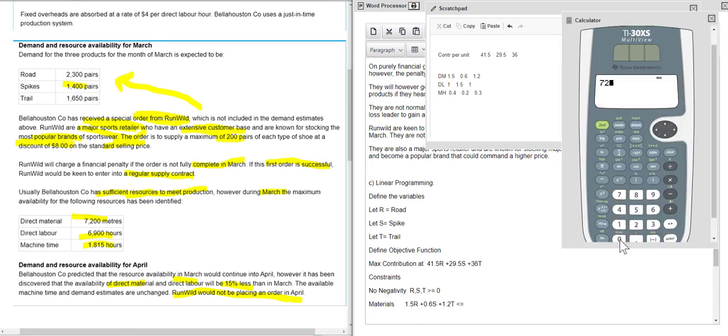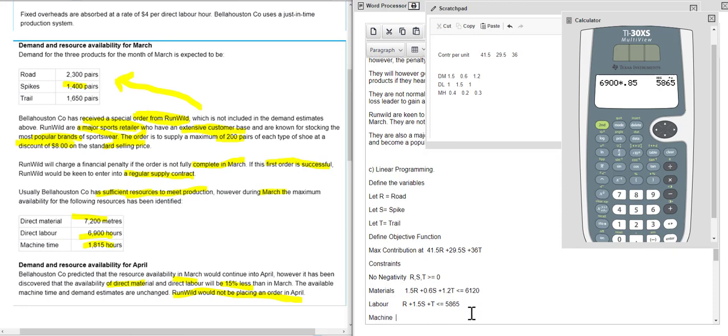And so it's 7200 times 0.85, which is 6120. And then we do the same for labour, which is just going to be R plus 1.5 S plus T is less than or equal to, and then we need to take the 6900 times by 0.85, and that gets 5865.